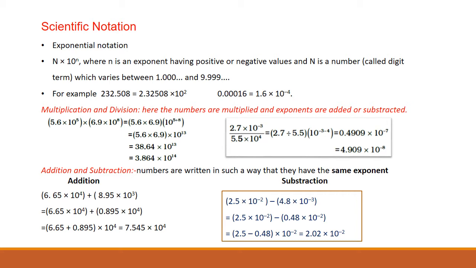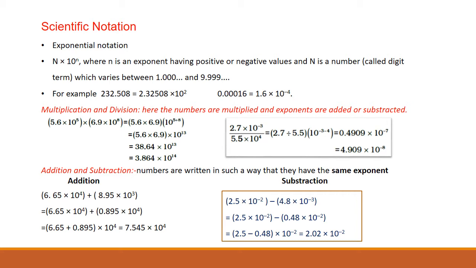So only one digit should be on the left side of the decimal. In multiplication and division, the numbers are multiplied and the exponents are added or subtracted. For example, 5.6 into 6.9, and their exponents are added. So the total becomes 13, and the answer is represented as 3.864.